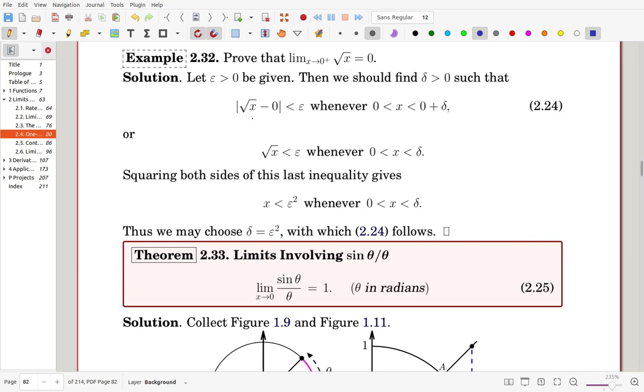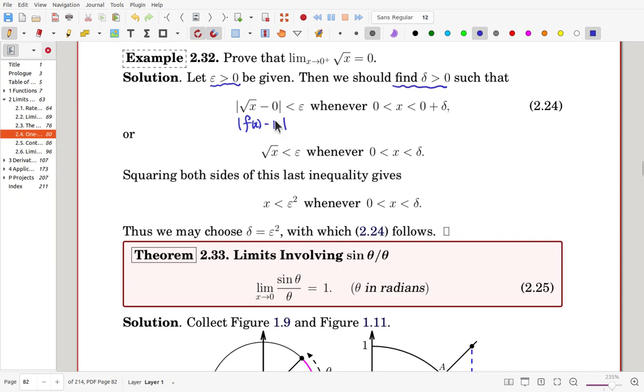For arbitrary epsilon, we have to find a positive delta such that this is satisfied: the absolute value of f(x) minus L is bounded by epsilon whenever x is from 0 to 0 plus delta, which is the right half interval.